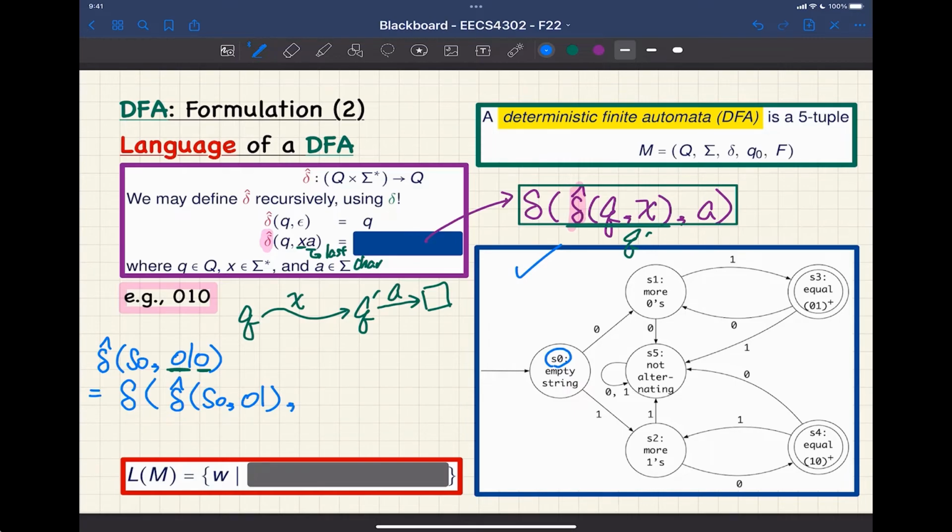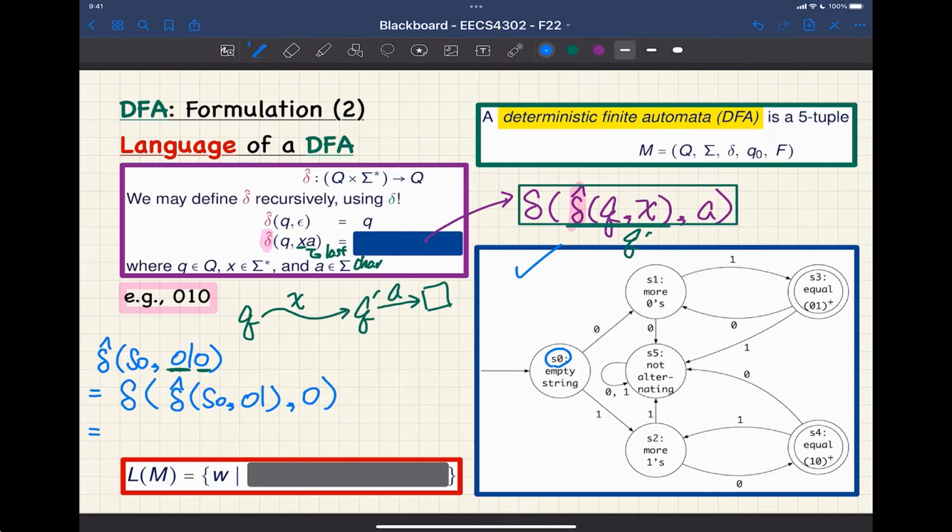And then you're going to take the last bit over here, which is 0. Can you see the correspondence here? You can see here, 0, 1 is still computed by delta hat. And the last bit can be computed just by delta. All right? Delta can only handle one character at a time. And this is not simple enough for the delta just yet. Right? Let's do it again.